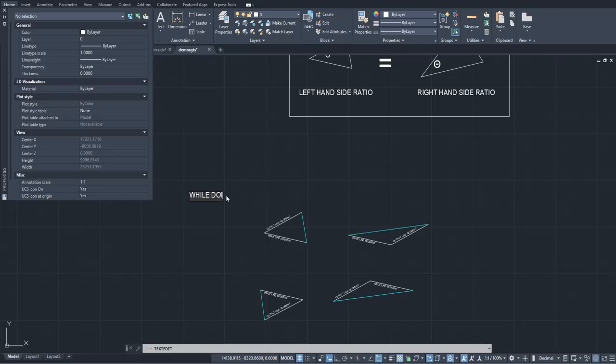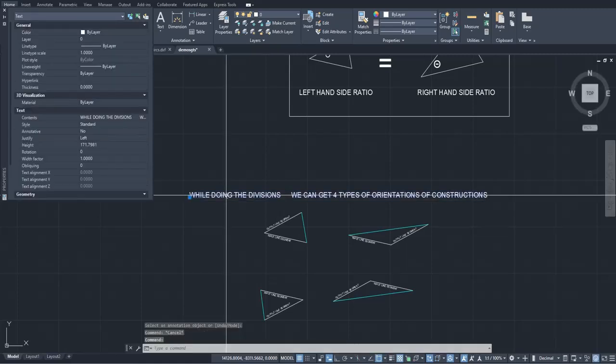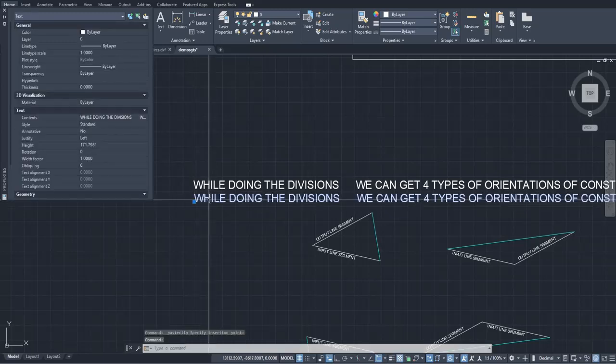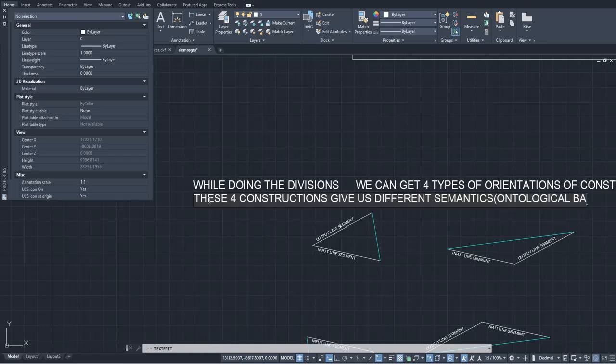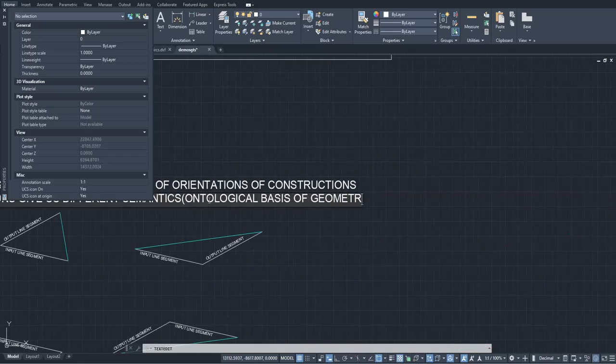While doing the divisions, we can get 4 types of orientations of constructions, and these 4 different kinds of constructions give us different semantics. This is the ontological basis of geometrifying trigonometry.